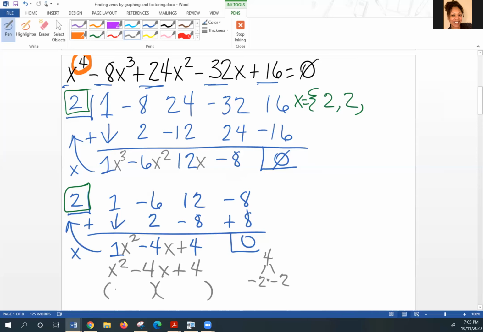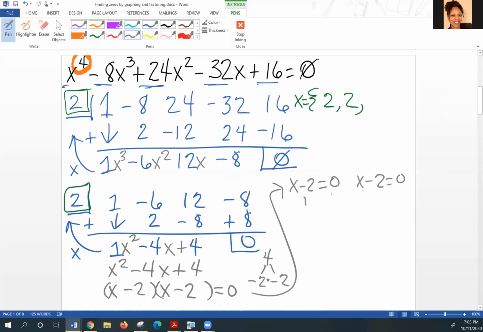So I have x squared, which simply means x times itself. And then I have these 2 factors that I just came up with. However, I am solving, which means it's going to equal 0. That means I am going to take this information and rewrite it as x minus 2 equals 0, x minus 2 equals 0, and I solve for the variable x.